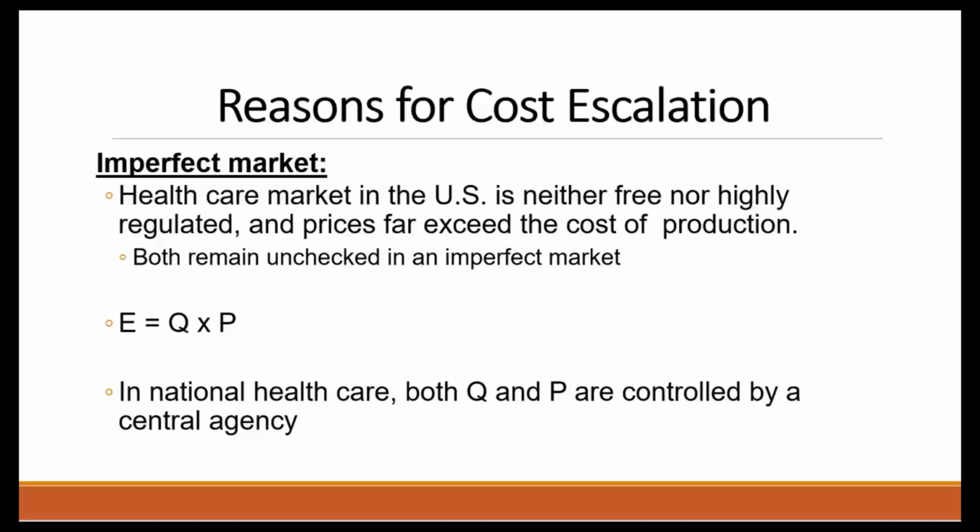Providers are insulated from the economic impact of lower demand when prices are artificially set at a higher level than competition would allow. Health insurance also insulates patients from higher prices.